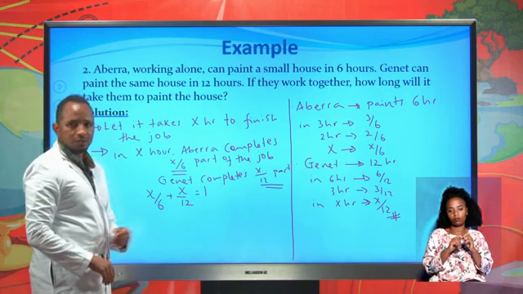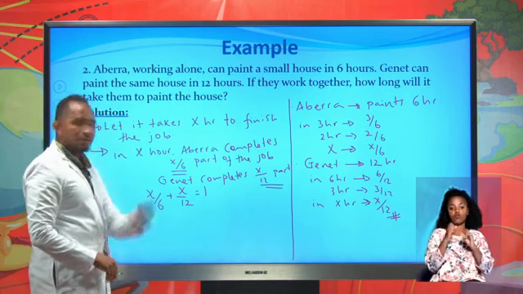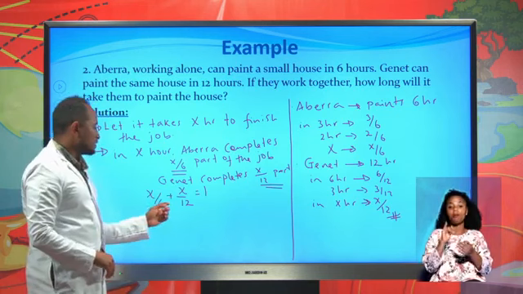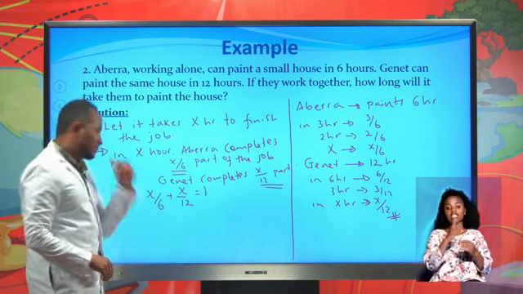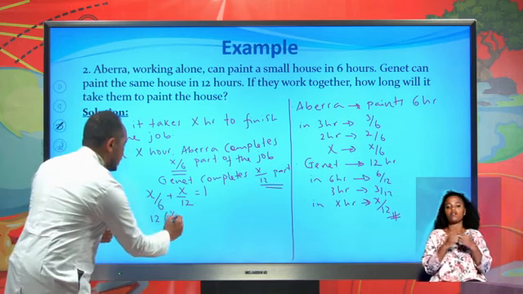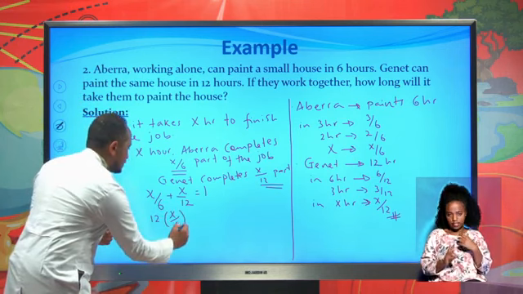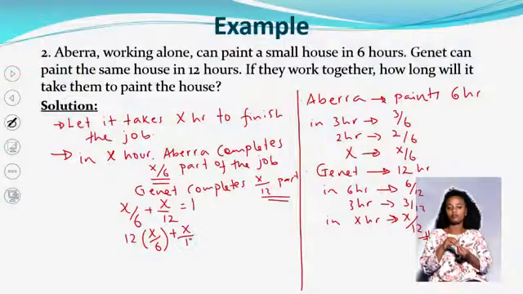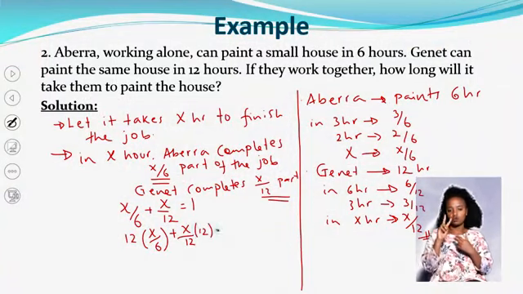So this is a rational expression. You can multiply it by the LCM. The LCM of 6 and 12 is 12. Multiply this expression by 12: 12 times x over 6 plus x over 12 times 12 is equal to 1 times 12.